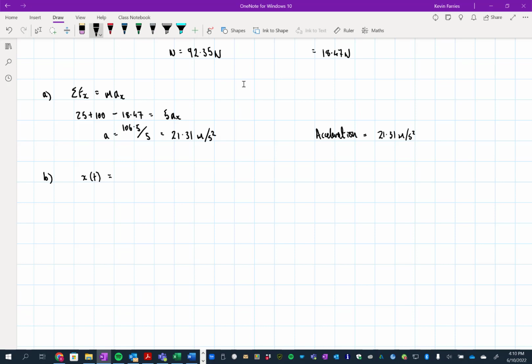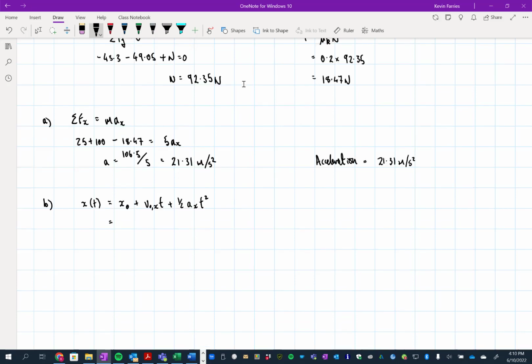So displacement in the x direction is just going to be equal to x naught plus v naught x times t plus a half times acceleration in the x direction times t squared. So we assume that because it hasn't given us a reference, we assume that that's equal to 0. So that's just going to be 0.